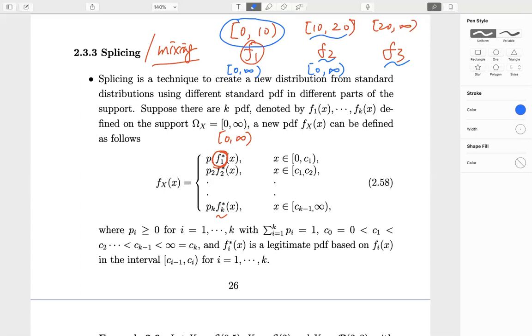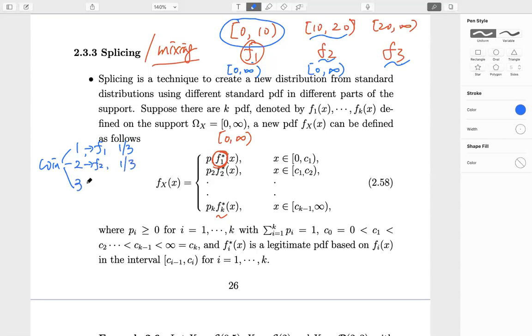That is not something I have for mixing. For mixing, each distribution can be used for the entire region, so it can be for anything. For the same F1, F2, and F3, I can do another coin example. Say this time my coin has 3 faces: 1, 2, 3. If face 1 shows up, I use F1, with probability 1 over 3. If face 2 shows up, I use F2, with probability 1 over 3.